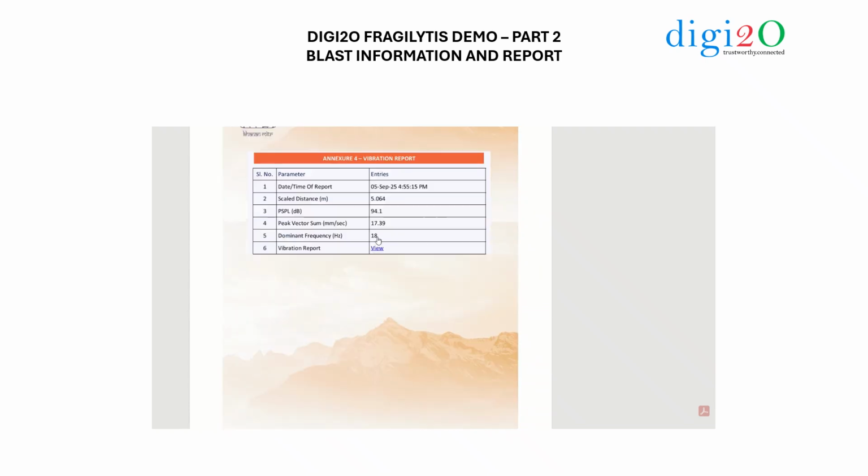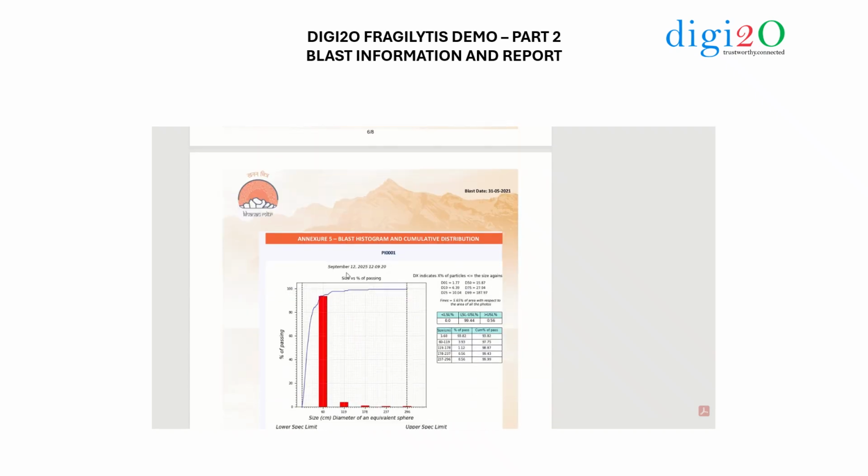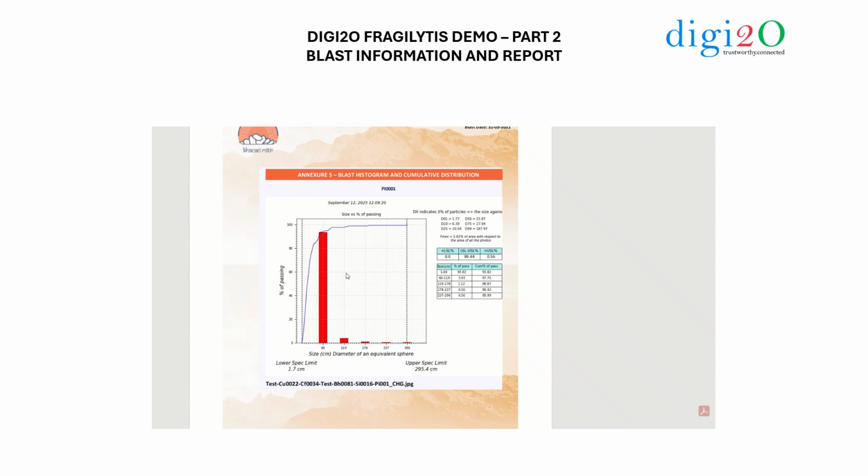And then the vibration report details are also captured here, and you can actually download the vibration report from here that was uploaded from the instrument that captures the vibration parameters. And finally, you can see the histogram.